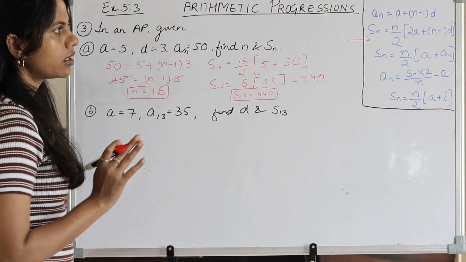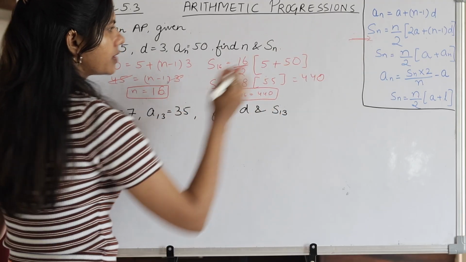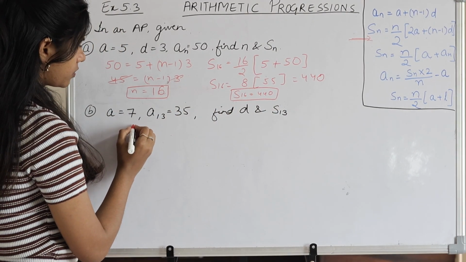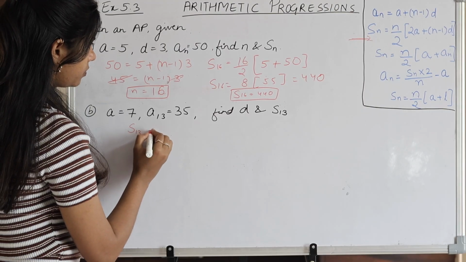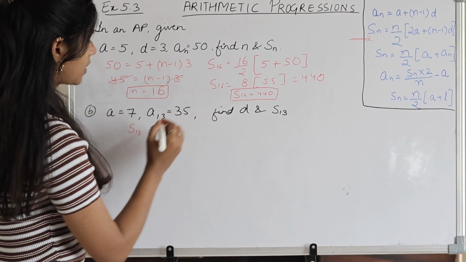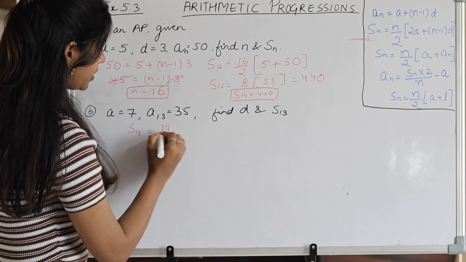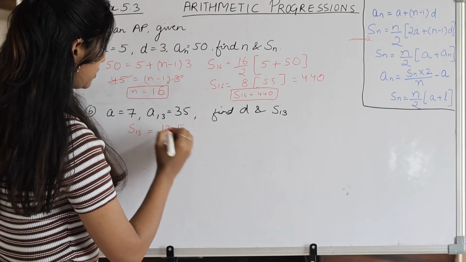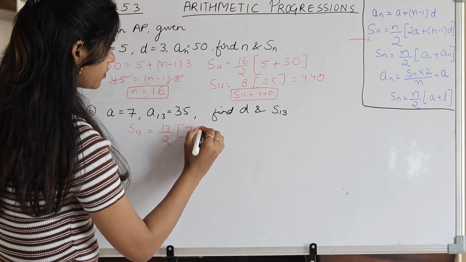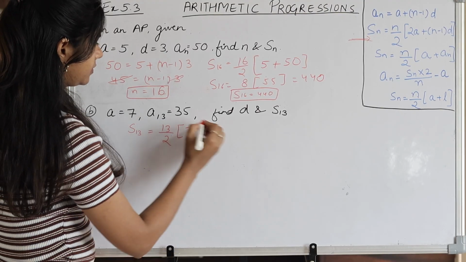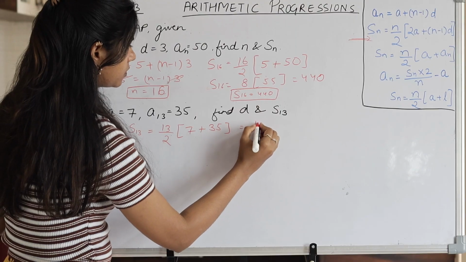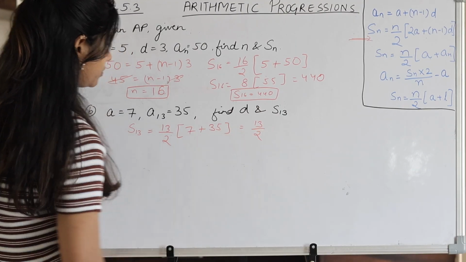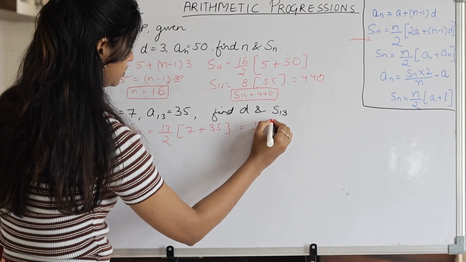We know n too. So when we know everything, we can use this formula. S13 equal to n by 2, 13 by 2, a is 7 plus a13, which is 35.